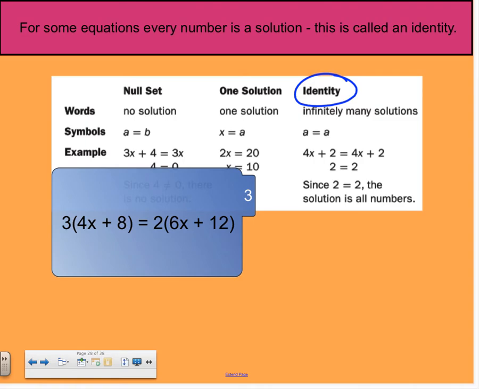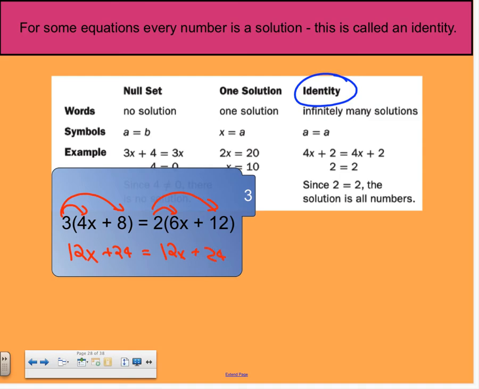We already did 3 times 4x before, and that was 12x. 3 times 8 is 24. On the other side, when I do 2 times 6x, I get 12x, and 2 times 12 equals 24.